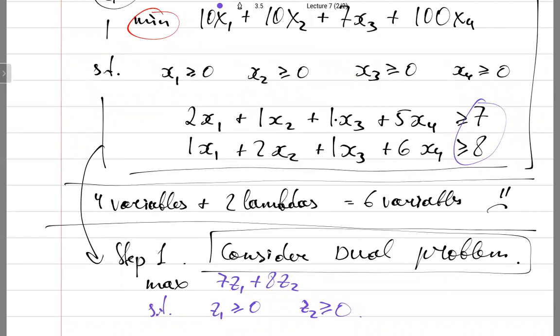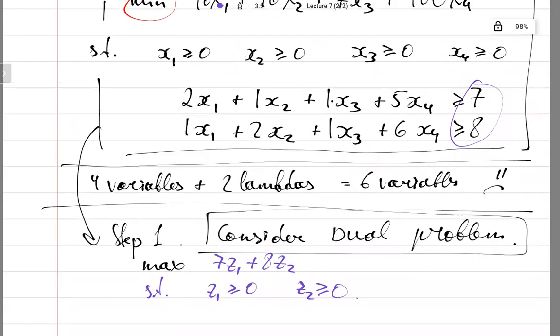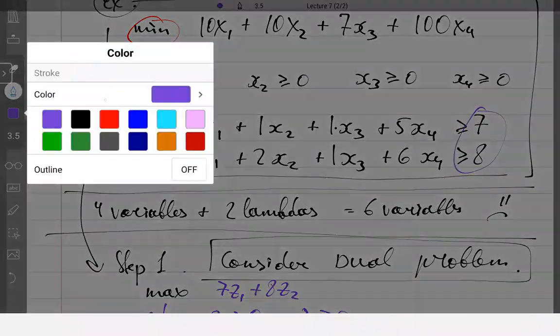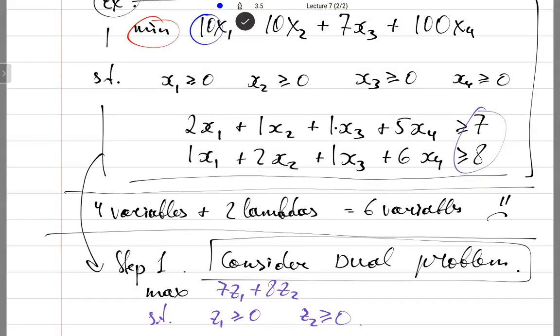Now I will create the system of inequalities. I have 4 variables in the original problem, so I will have 4 inequalities in the dual problem. So let's read every inequality. How to read the first inequality? We take the first column and read it as an inequality. Let us look at the first column, 2 and 1.